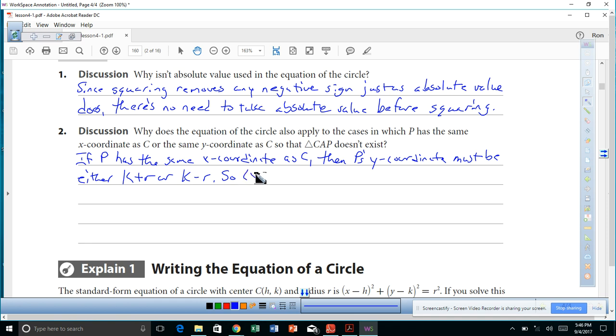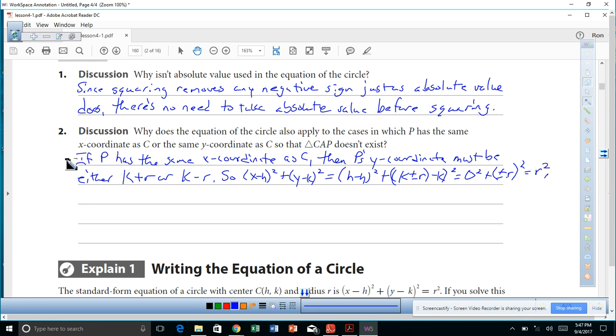So x minus h squared plus y minus k squared equals h minus h squared plus k plus or minus r minus k squared. h minus h squared would be 0 squared, plus, and then k minus k, so that would just leave plus or minus r squared, which equals r squared.